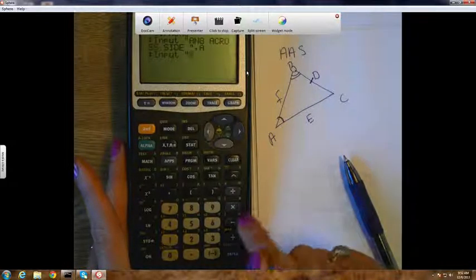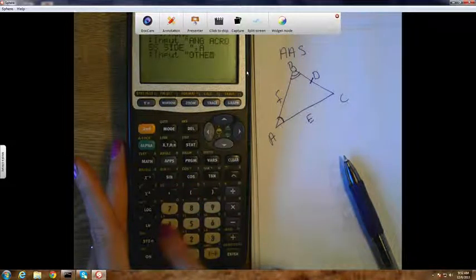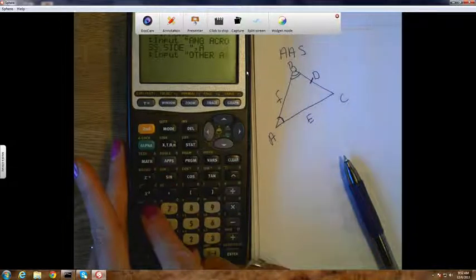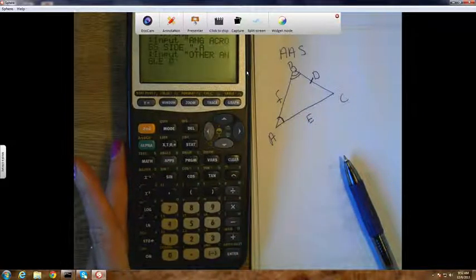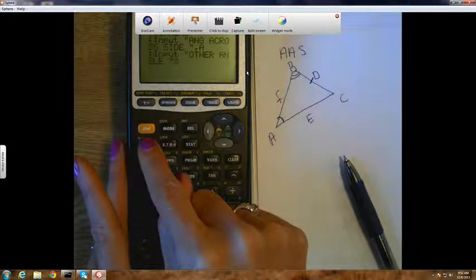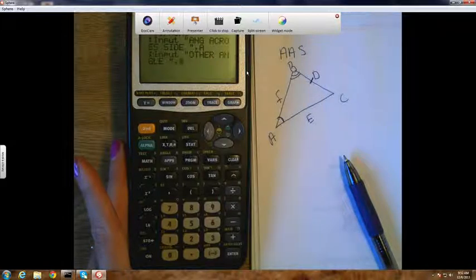So I'm going to go with other ang, space, quotation, comma. And where do I have that sitting?